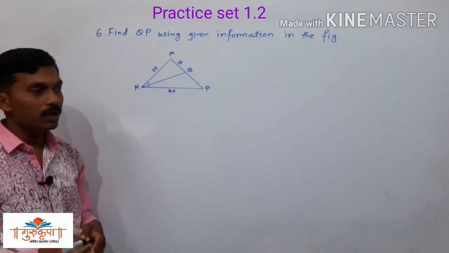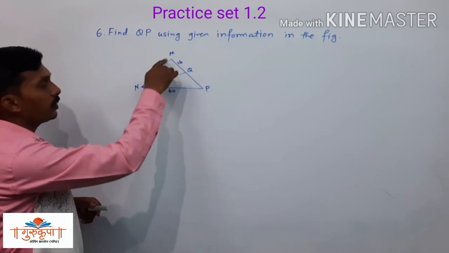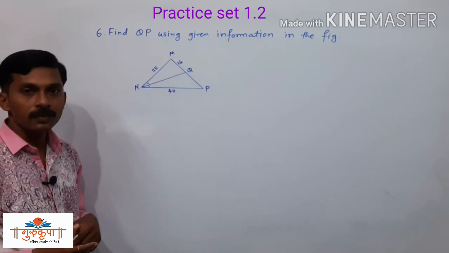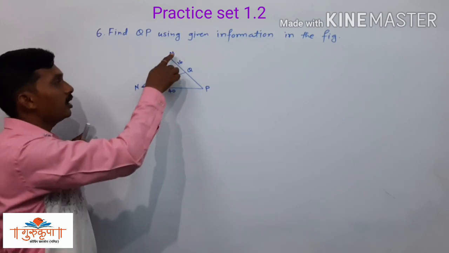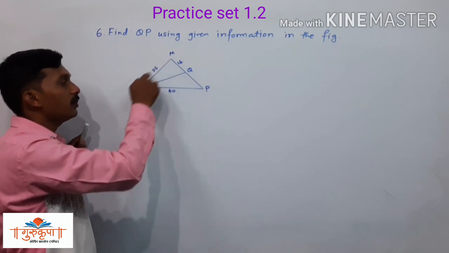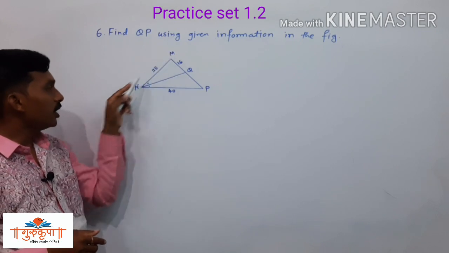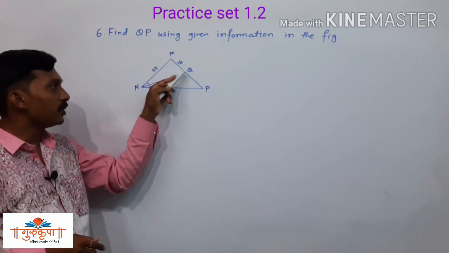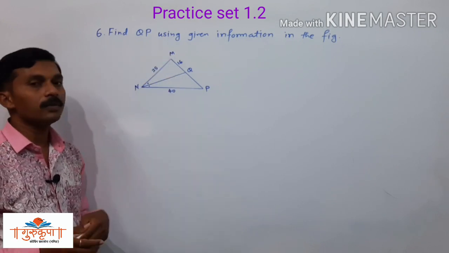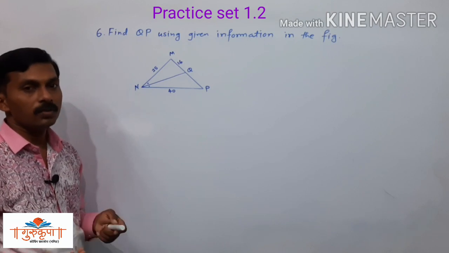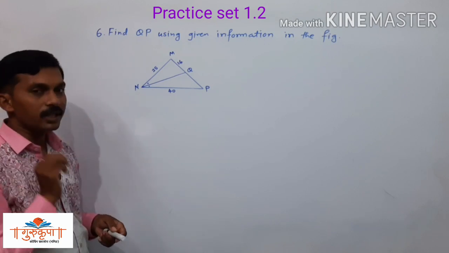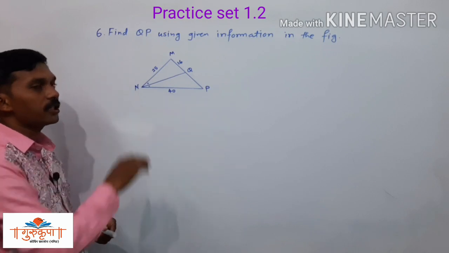QP. Now if we observe the diagram, we have given a triangle MNP. In that triangle the angle bisector of angle MNP is drawn, that is NQ, and MN is given, PN is given, MQ is given. We have to find PQ. Now we can easily get that we have to use the angle bisector property here.